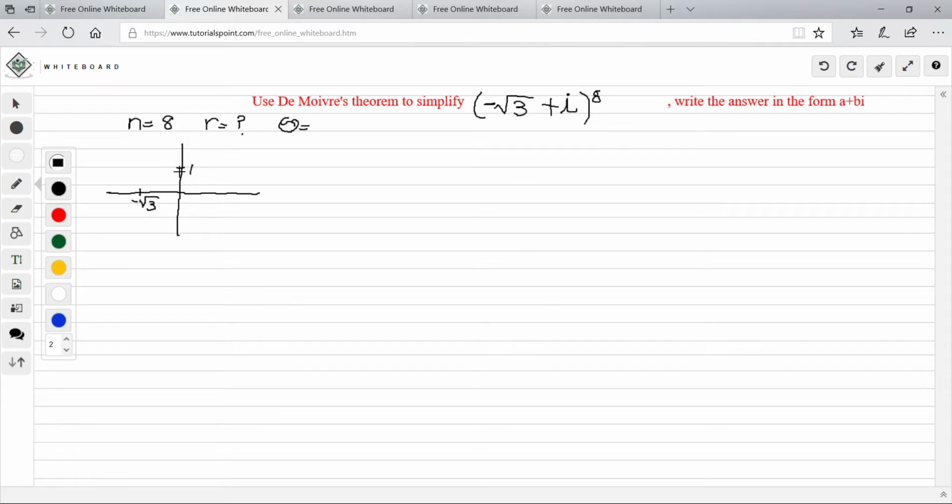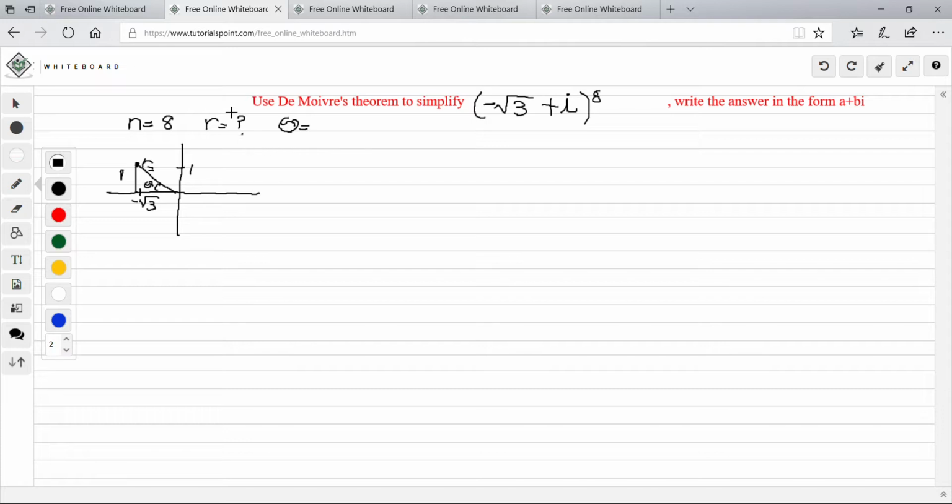You can think of it as a vector. Then we can draw our triangle. Our cosine is -√3, our sine is +1. We've got to find our theta and our radius.